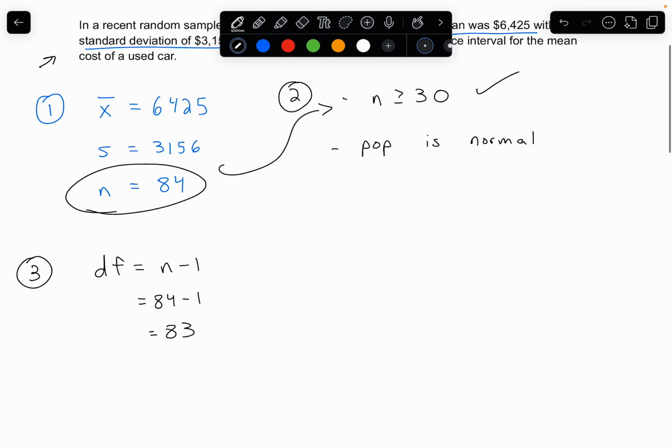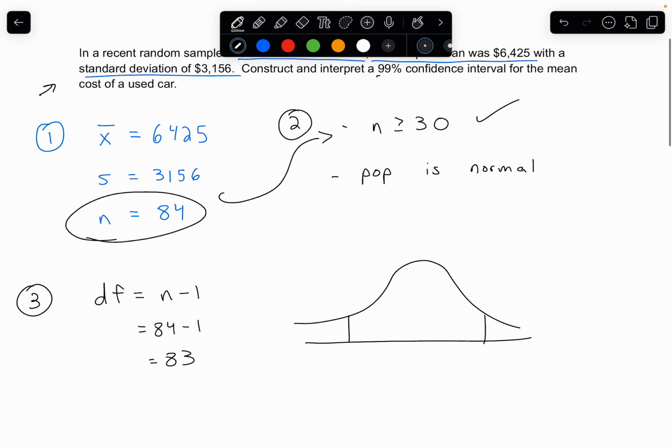I'm also going to need to think about what the two-tail area is. Remember, I need to know what that looks like. When I go and I construct my confidence interval, I know I want my confidence level, which in this case is 99%, to be the area right here in the middle, which means that I want the area in two tails, in both the left and the right tail, to be 1 minus my confidence level, 1 minus 0.99 to get 0.01.